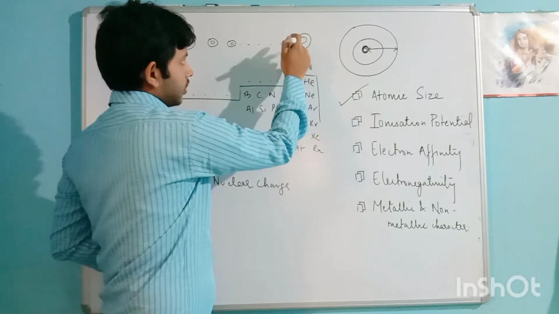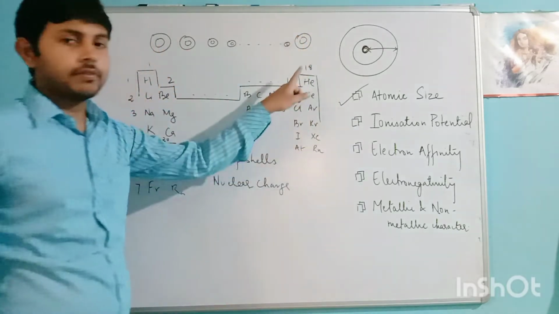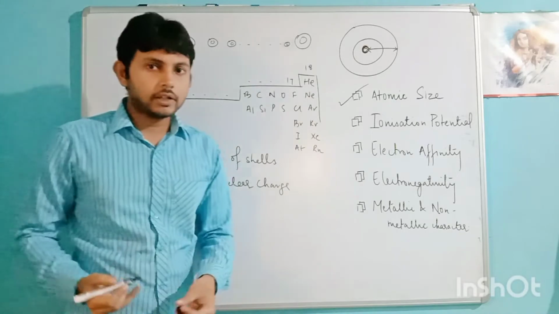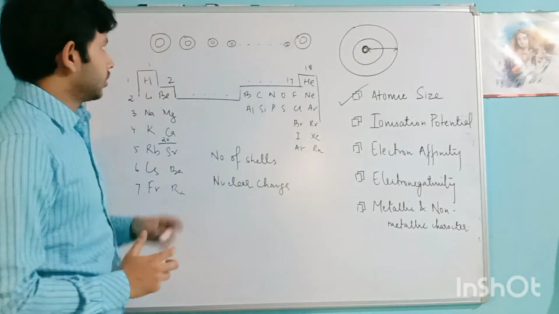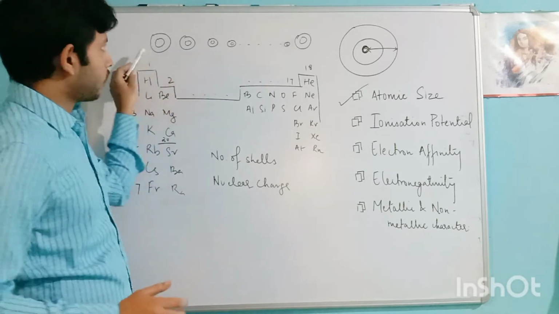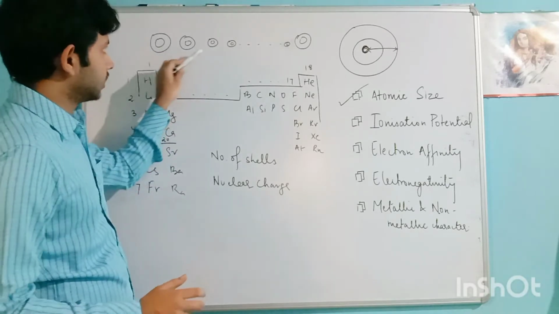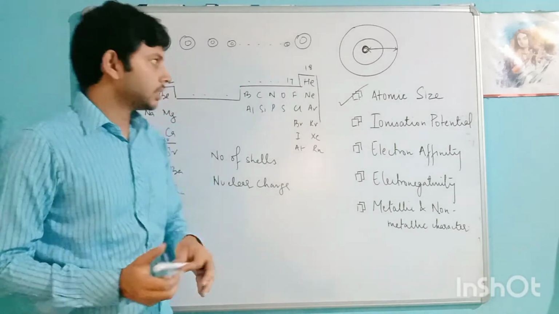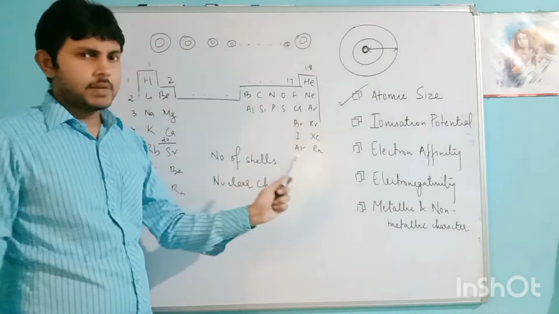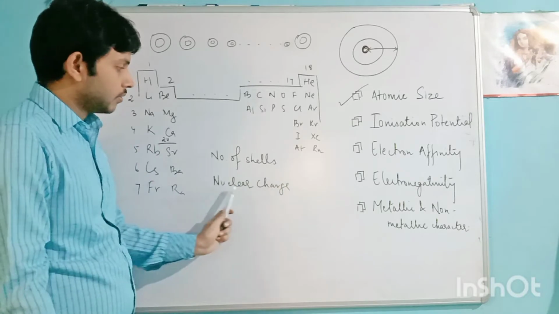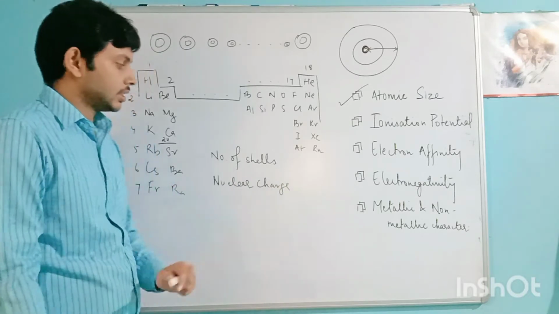Okay, why? Because they have stable electronic configuration, and this question can come in exam. Okay, now why does atomic size decrease across a period? It is because the number of shells remains the same and nuclear charge increases.